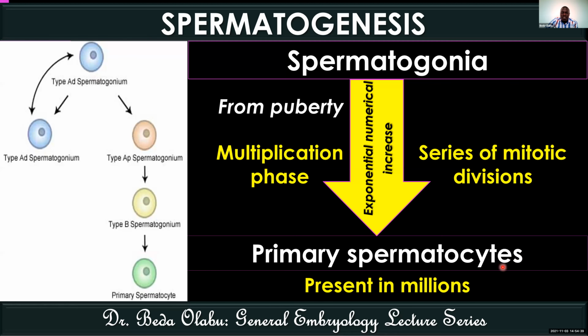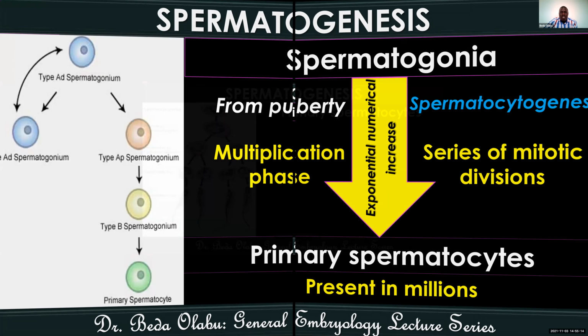The primary spermatocytes are therefore present in millions, in as much as the spermatogonia were few. This process of repeated mitotic cell division that leads to formation of primary spermatocytes is otherwise known as spermatocytogenesis. That is phase 2 of gametogenesis.